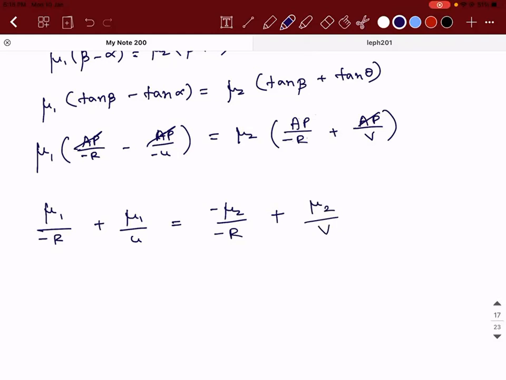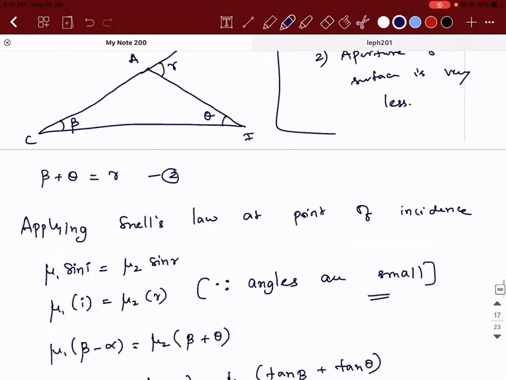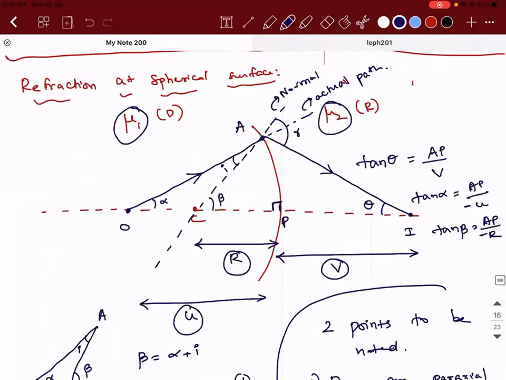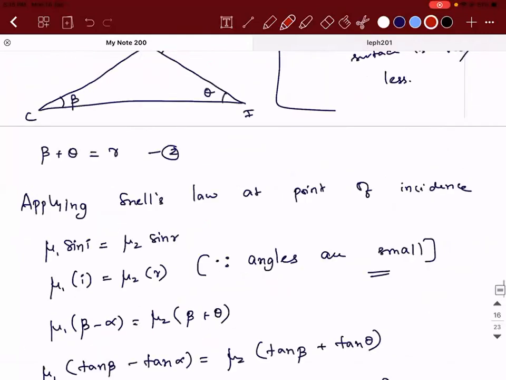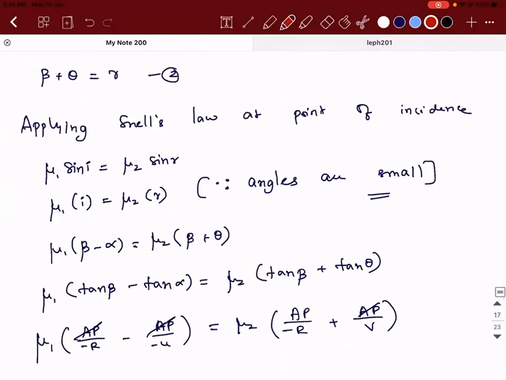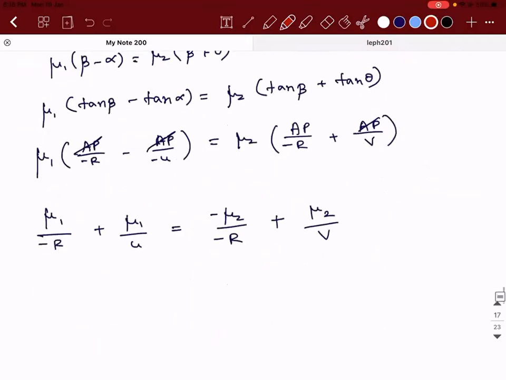So what I did is, see, I have to explain this to you. R is here, right? So R is included in this triangle. That is why I should not have taken AOI, I should have taken ACB. So wherever there was alpha on the right hand side, I replaced it with beta.